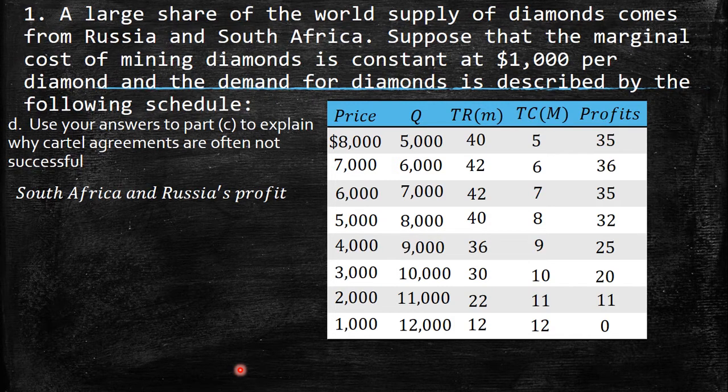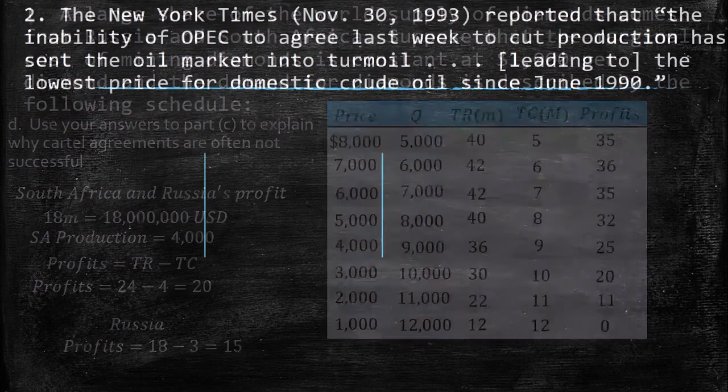I can take a bigger part of the market, I can increase my production. Even if the price goes down, I will get more of that cake of the market. So the cartel agreement sometimes is not successful because there are a lot of incentives to avoid the agreement, as we presented before.